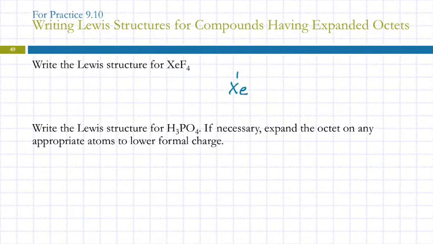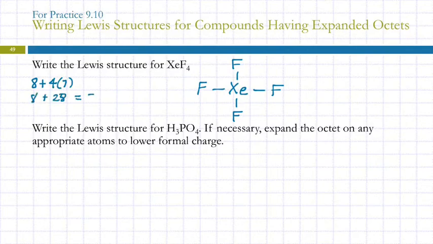So here's xenon, and we'll string the fluorines around it. Then we look at number of valence electrons. So xenon has 8, and fluorine has 7. There are 4 fluorines, so 4 times 7. That's 8 plus 28, so 36.